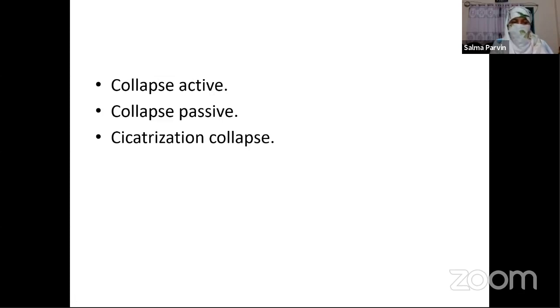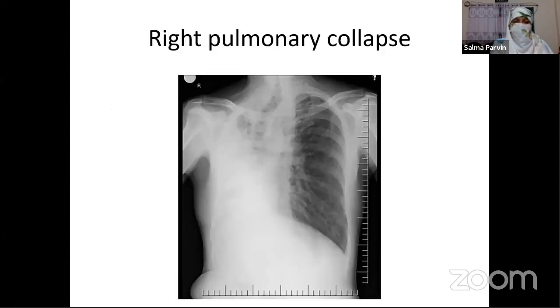And there is cicatrization collapse, produced by volume changes due to destruction of the lung parenchyma and production of fibrosis. These three things we usually get in common practice, so we have to know them. Please see what we are getting.